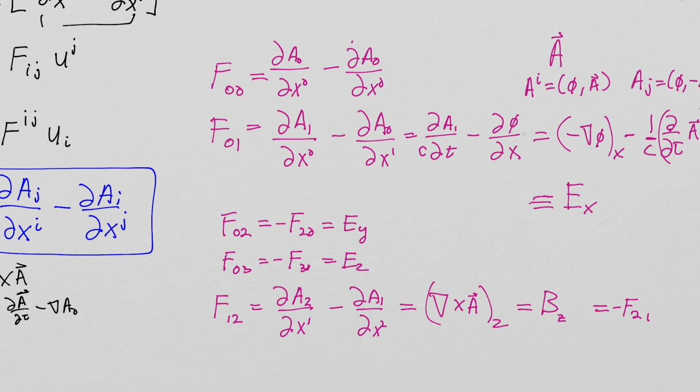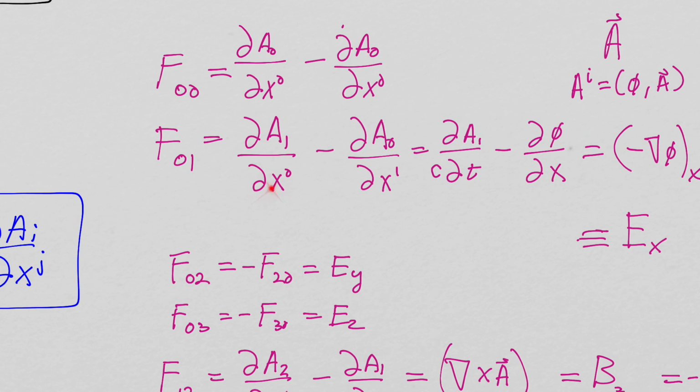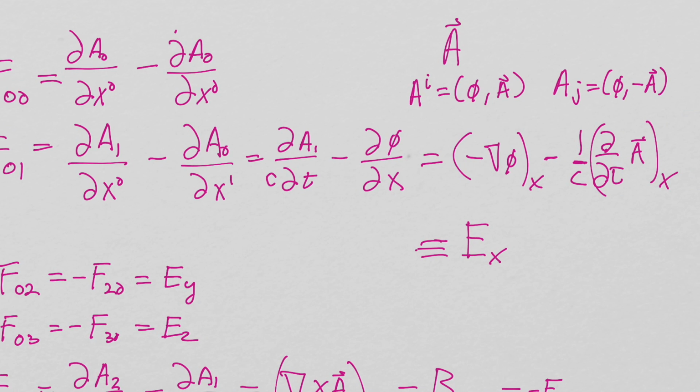So the 0,1 term would be partial A_1 over partial x^0 minus partial A_0 over partial x^1, where x^0 is understood to be c dt, right? That's the time component. So it's c dt, so you pull out a 1 over c. And A^0 is, we've already defined the contravariant components to be the scalar potential and the vector potential.